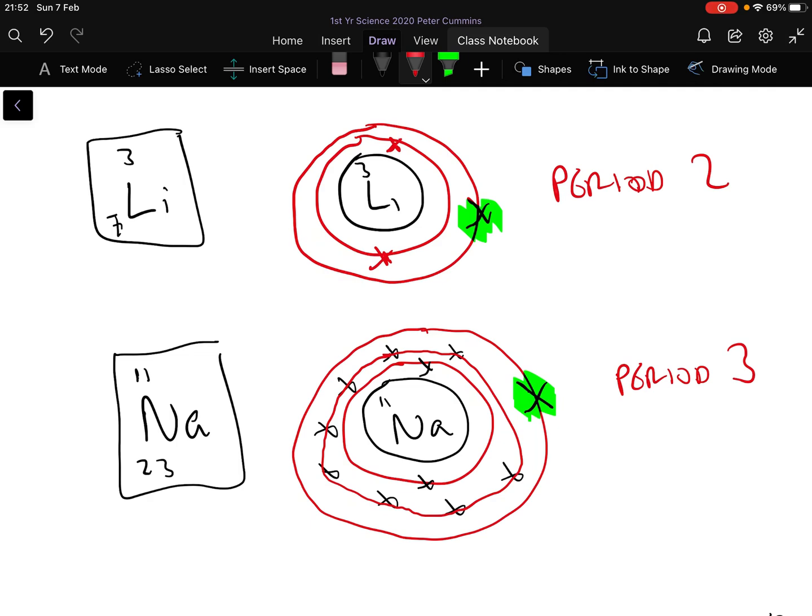And the reason it shows there is because the periods tell us how many rings it has. So if we look at here, here's 1 ring on lithium, here's 1 ring, and here's the second ring.